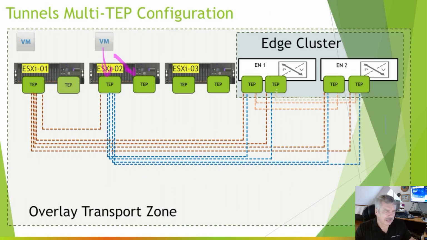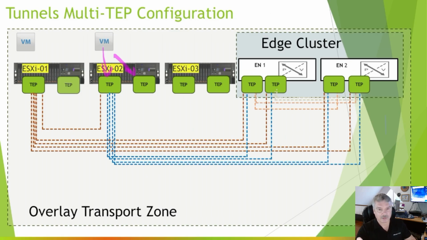But generally speaking, if I see some more TEPs or more tunnels than I think there might be, I'm not going to freak out. If there's a couple tunnels less, again, I'm not really going to freak out. What I'm going to be concerned about is tunnels that are down. Those aren't good. But this gives you an idea of what you should expect to see.